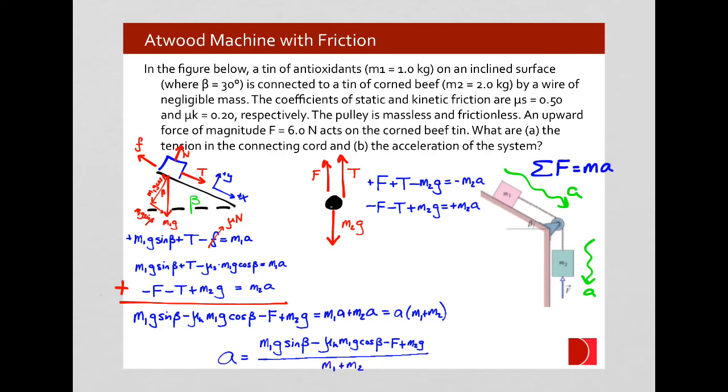we have a full equation for our acceleration. We know this equation is going to come out to be positive, meaning that our acceleration is actually going the way we believe it ought to be going. And we can plug in the numbers.